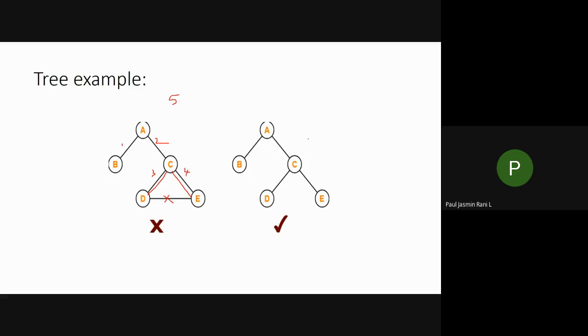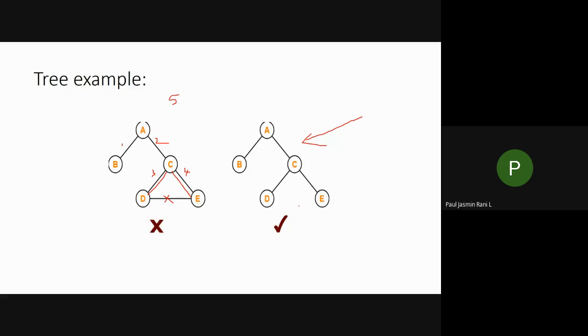Your second diagram belongs to a tree data structure. So you have to see the connection part also, how they are connected in the diagram. The first one is not a tree data structure. The second one is a tree data structure.